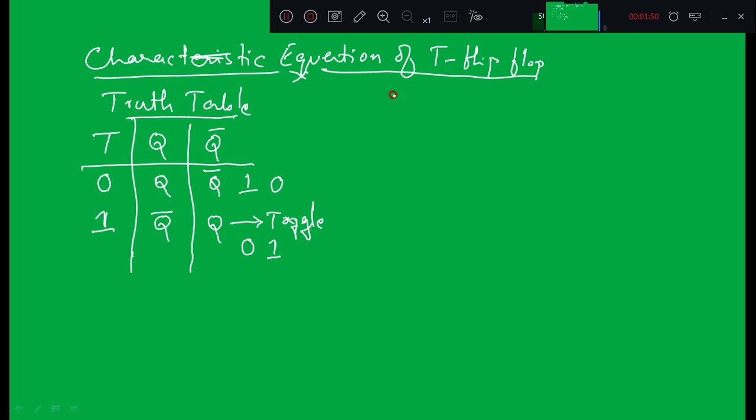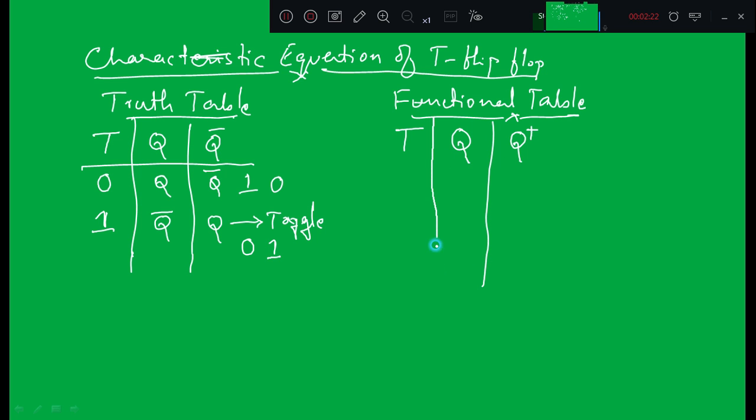So now to obtain the characteristic equation of T flip-flop, we require the functional table of T flip-flop. So what does the functional table contain? It contains the normal inputs, the previous output, and the next state output, right? So what are the normal inputs here? We have only one input, that is T, the previous state output is Q, and the next state will act as an output, which is represented as Q plus, right?